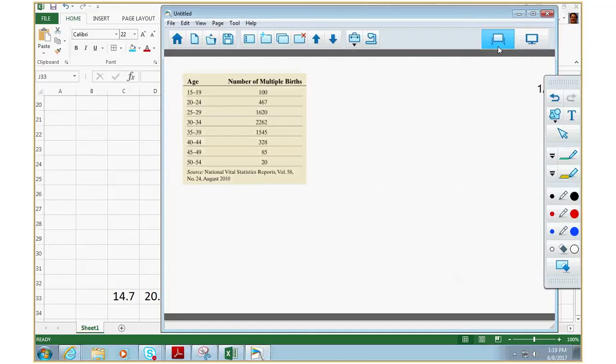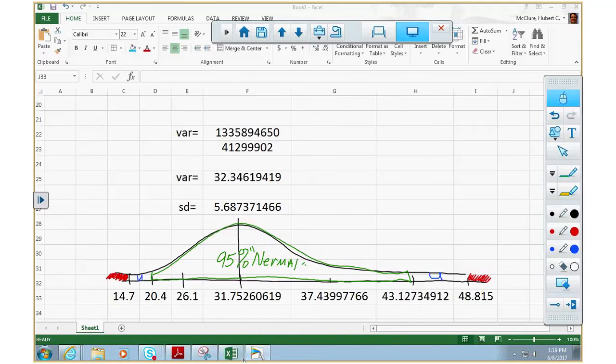If you're between the ages of 20 to 43, then you might have a multiple birth. That would be normal. If you're between 15 and 20, that would be unusual, and the other end would be unusual too.